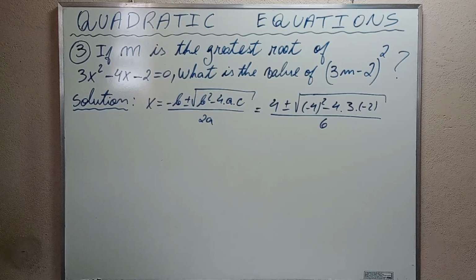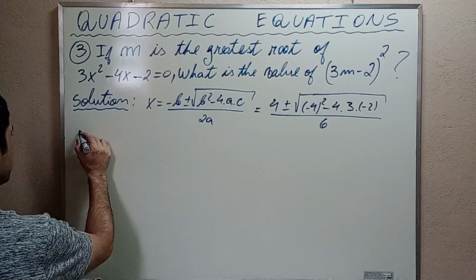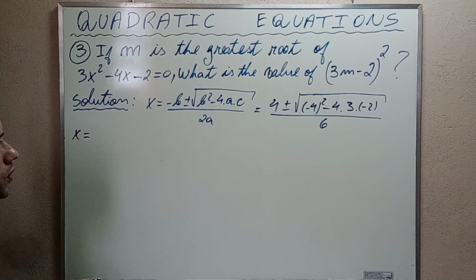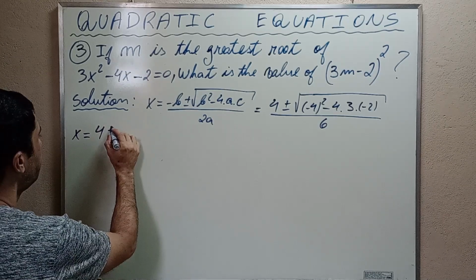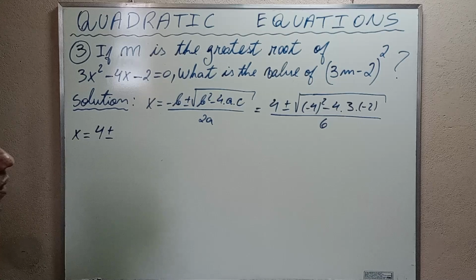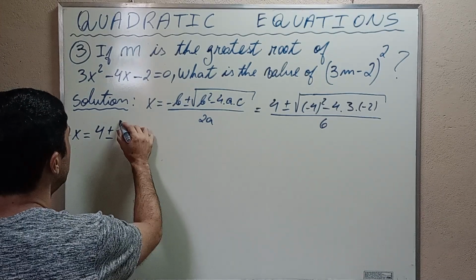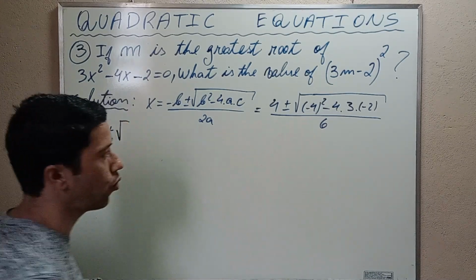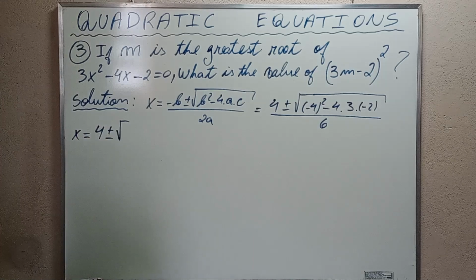Simple mathematics now. Let's work on this. x is equal to 4 plus minus the square root of 4 squared, negative 4 squared is equal to 4 squared, which is equal to 16.